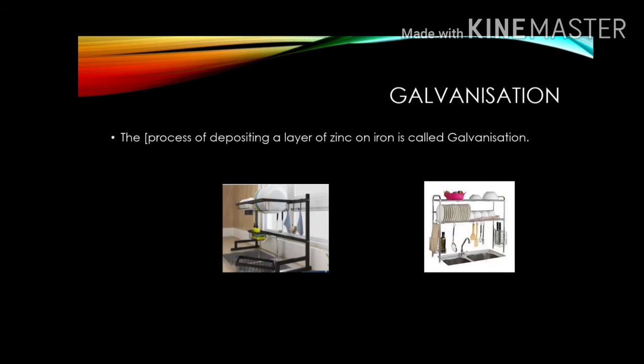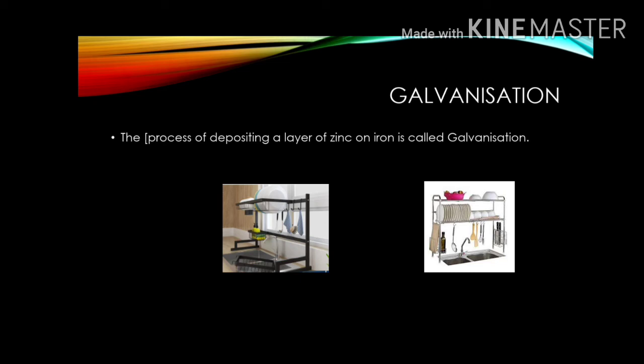Now here you can see galvanization. What is galvanization? The process of depositing a layer of zinc on iron is called galvanization. You might have seen the drawers in your kitchen. Sometimes they are white, sometimes they are made of stainless steel.